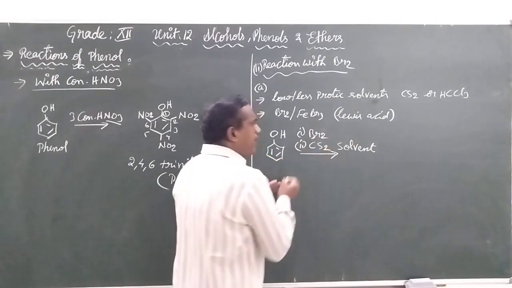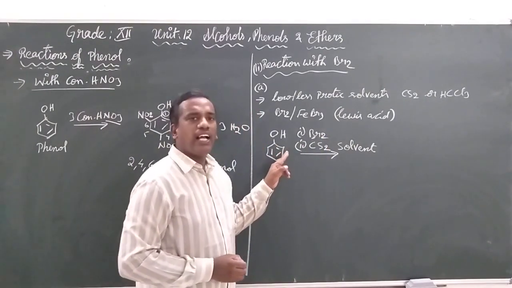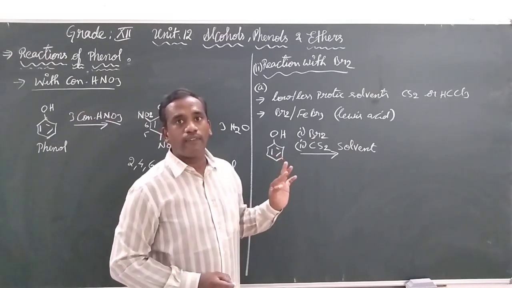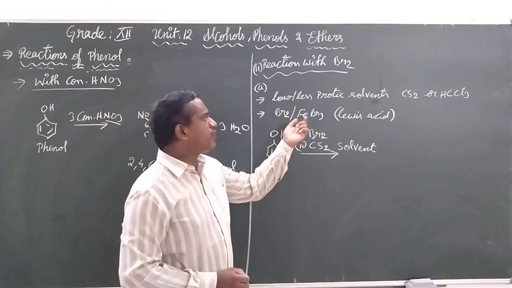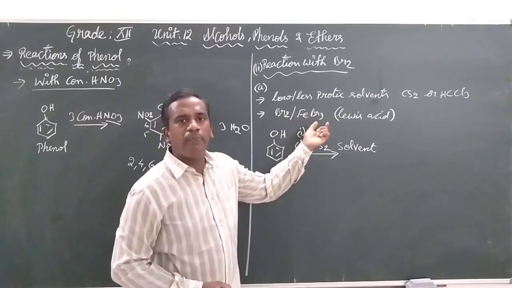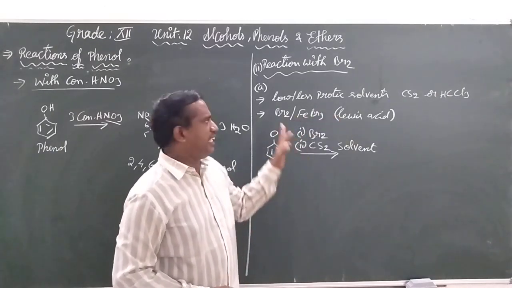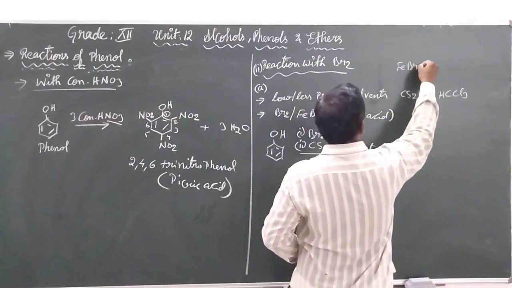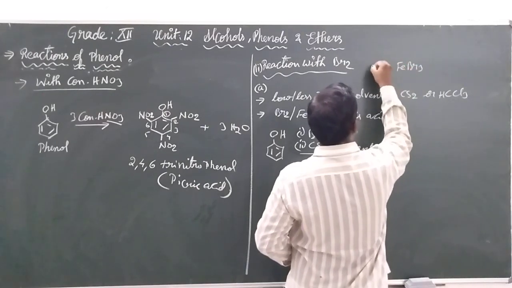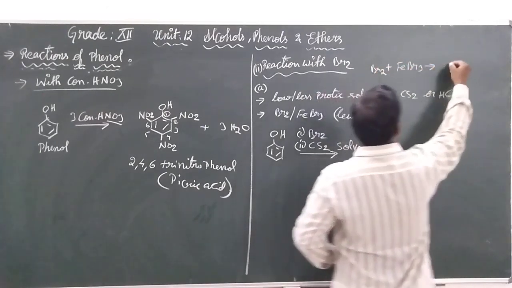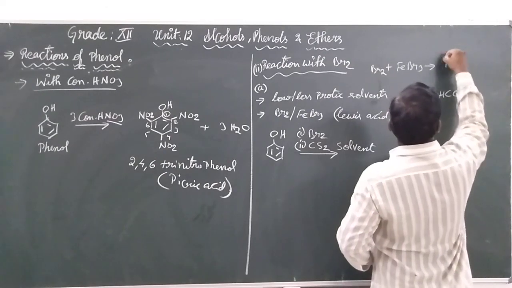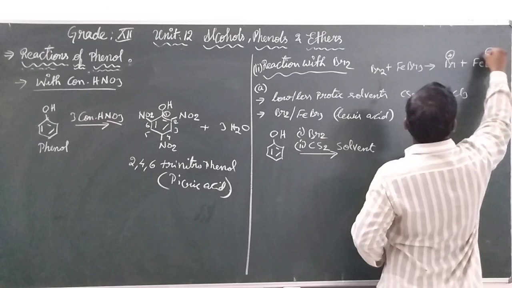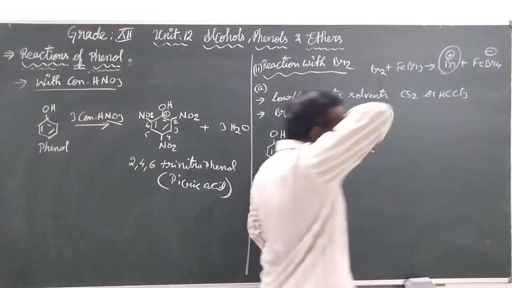Now the bromination takes place through an electrophilic substitution reaction. When the Lewis acid FeBr3 reacts with bromine, it will form Br plus and FeBr4 minus.